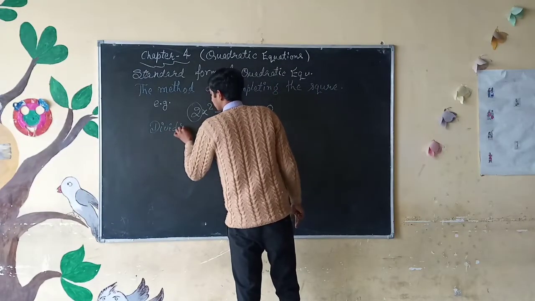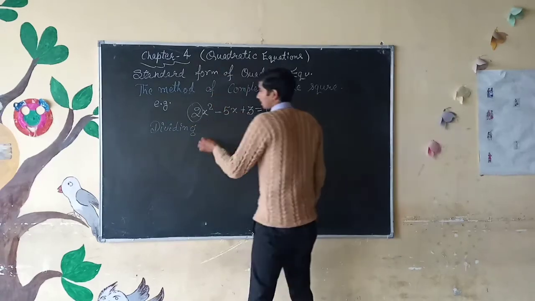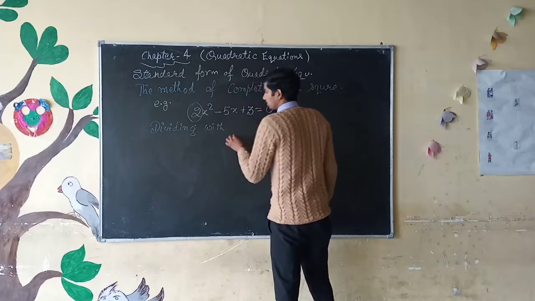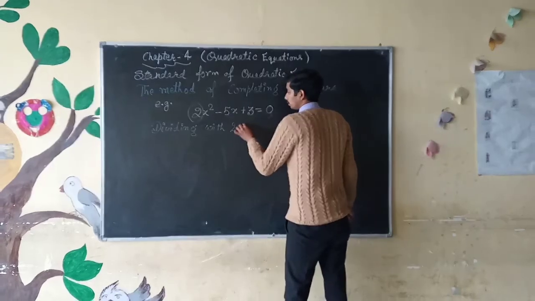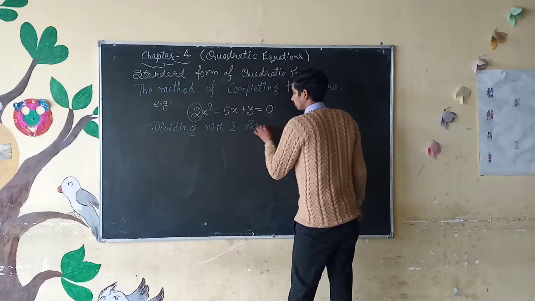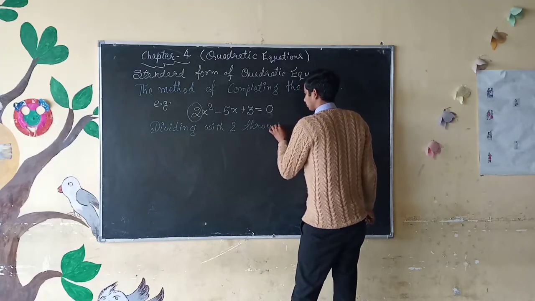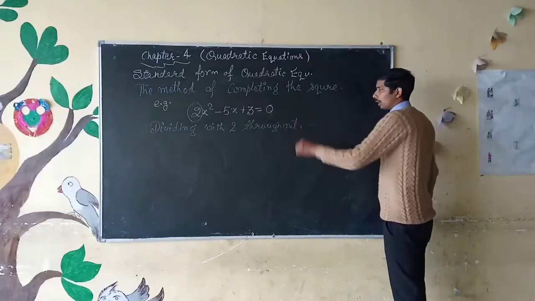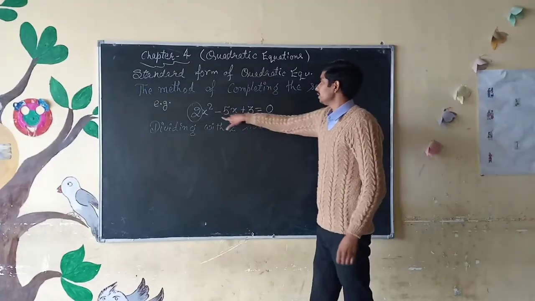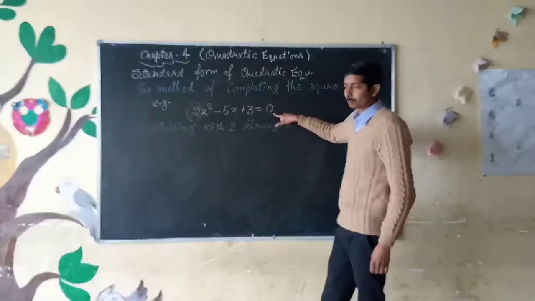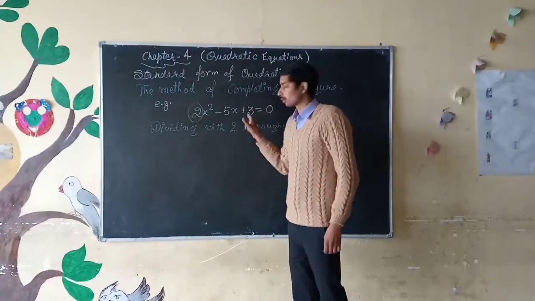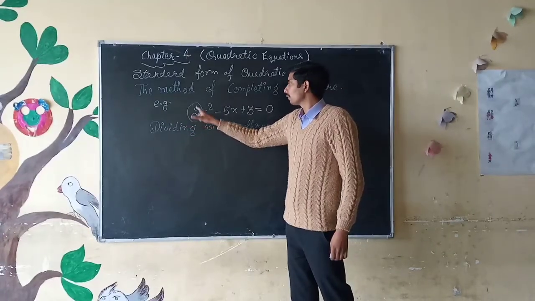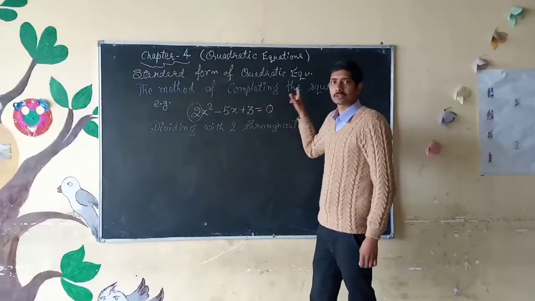Dividing with 2 throughout. Throughout means left hand side and right hand side of the given quadratic equation. Throughout means to all the terms of the quadratic equation, we will divide this whole equation by 2.